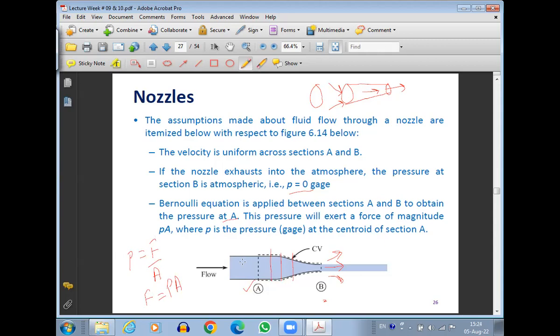Obviously, it will be acting exactly at the center of this section. So these are some of the assumptions for solving the momentum equation in fluid flows for the case of a nozzle.